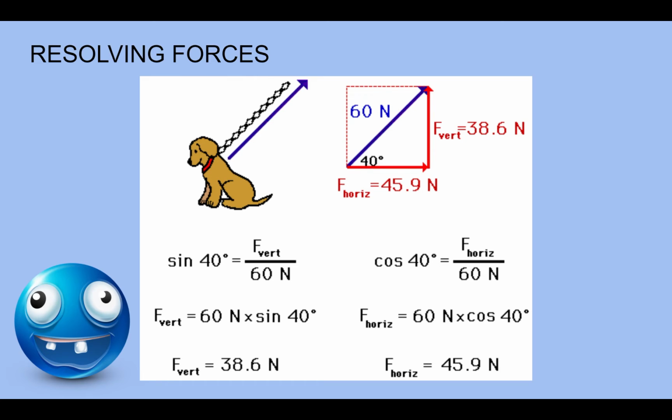And yeah, so here they're using sine or cosine, not cosine rule, sorry, I'm so sorry, SOHCAHTOA. We have the sine of 40 equals the vertical length over 60 newtons.